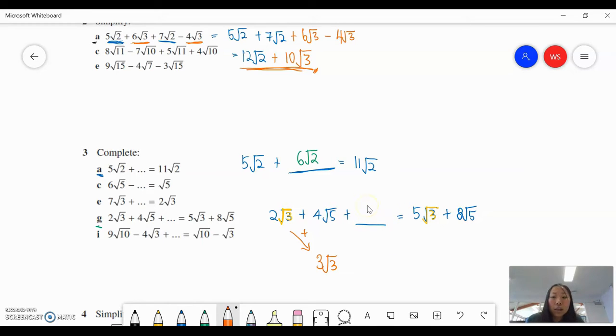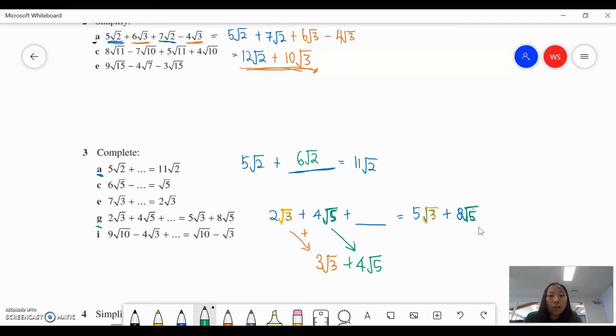Now looking at the other surd, which is your square root of 5. On the left side of the equation, you have 4 groups of square root of 5, and on the right side, you have 8 groups of that square root of 5. So we are missing 4 groups from the left side in comparison to 8 groups of square root of 5 on the right side. What this means is we will have to add 4 groups of square root of 5.